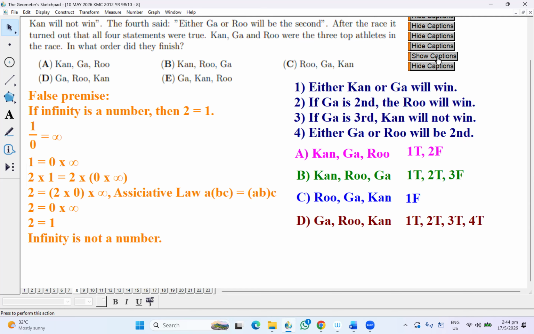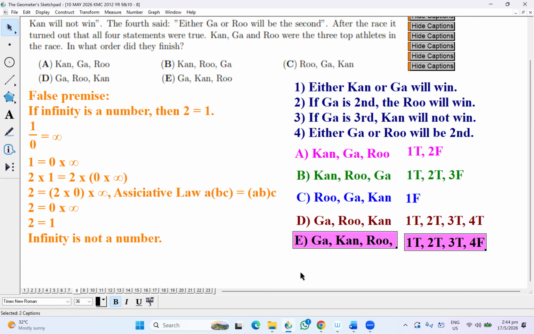If we look at the last one, either Kang or Ga win. True, Ga won. If Ga is second, Ga is not second, so anything also can, so true.